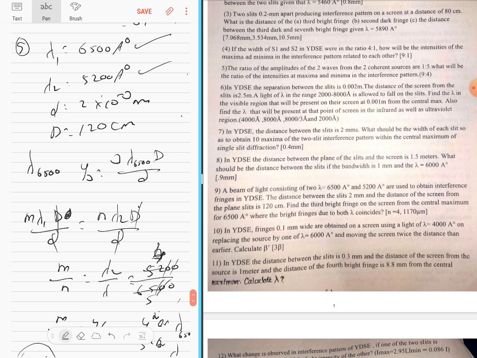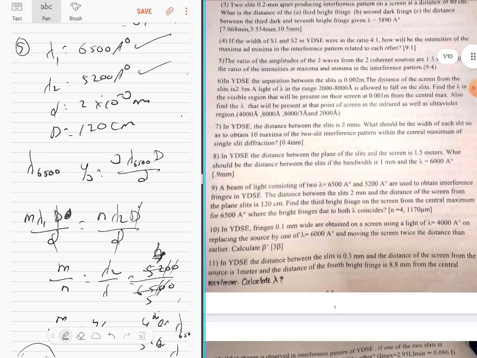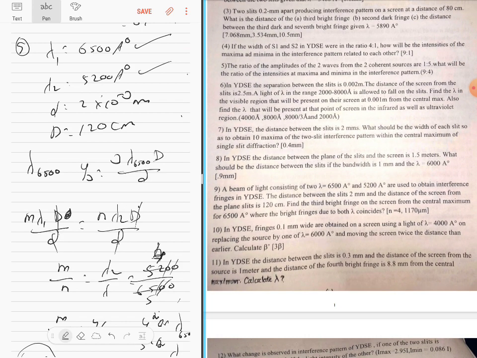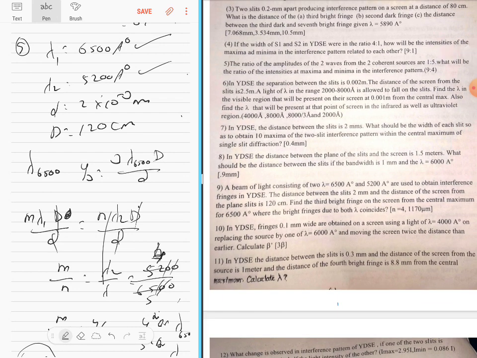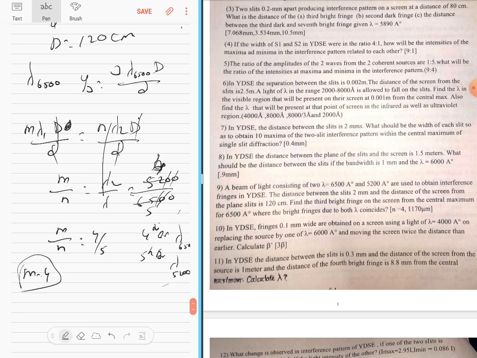So what is the question? Find the third bright fringe on the screen from the central maxima for 6500 Angstrom, where the bright fringes due to both wavelengths are coinciding. I don't understand the third bright fringe. According to me, the fourth bright fringe of one wavelength and the fifth bright fringe of the other wavelength are what is coinciding. m is equal to 4 and n is equal to 5.